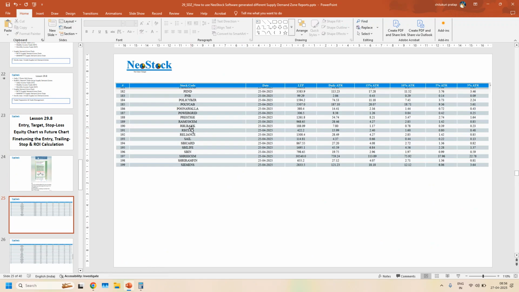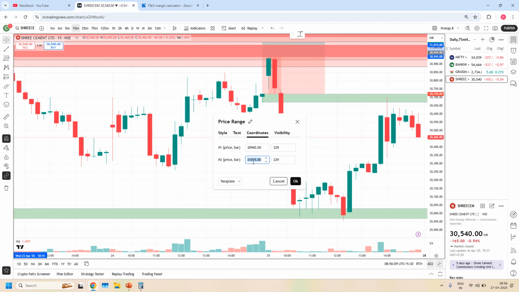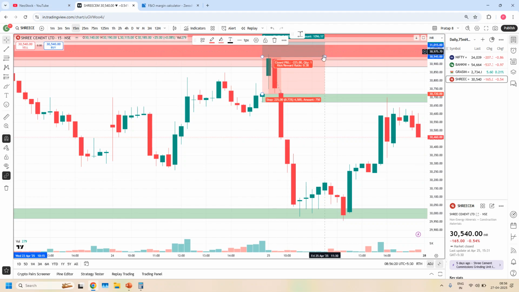Stop buffer value for Sriram Cement, it is saying 22.78 rupees. Instead of rounding to 22.80, I am rounding to 25 rupees. So if you add 25 rupees, 31,015 plus 25 is 31,040 rupees. So that you have to use in the stop loss.